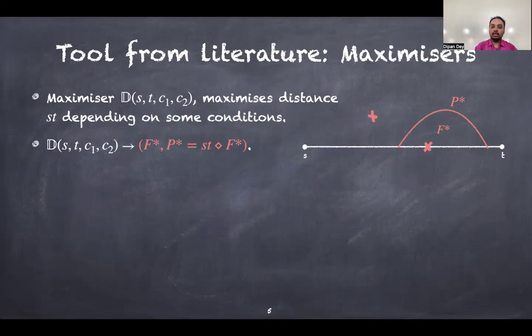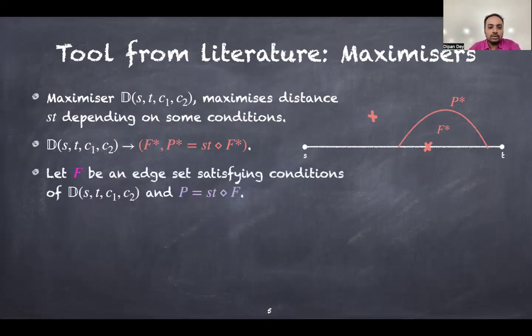Here the maximizer stores the fault set F star and the path P star, which is the path after avoiding that particular fault set. Suppose there is another set of edges; there may be many sets of edges which satisfy the conditions given by C1 and C2.